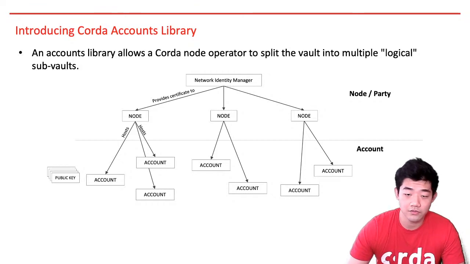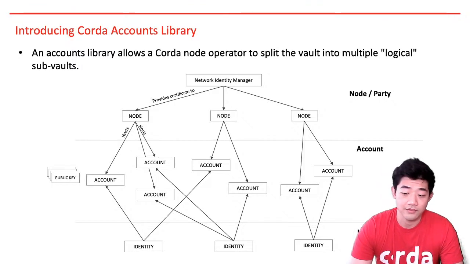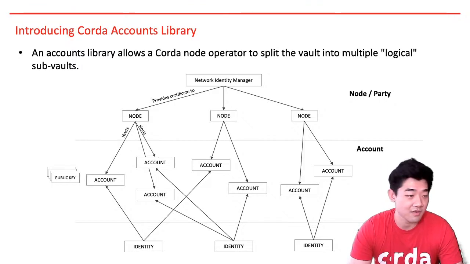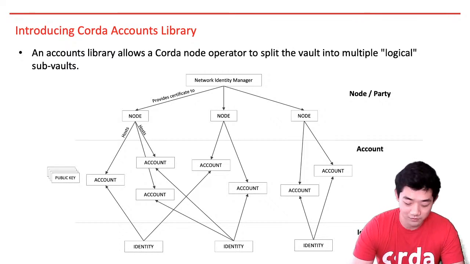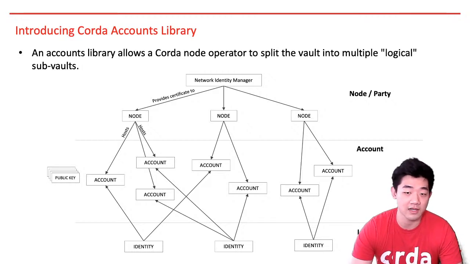Each real-life identity can be represented by multiple accounts on different nodes. It's like having multiple bank accounts under different banks. You as a person are the unique one, you are yourself, however you can have multiple accounts under different nodes.